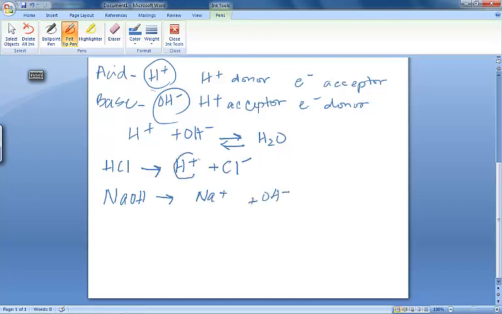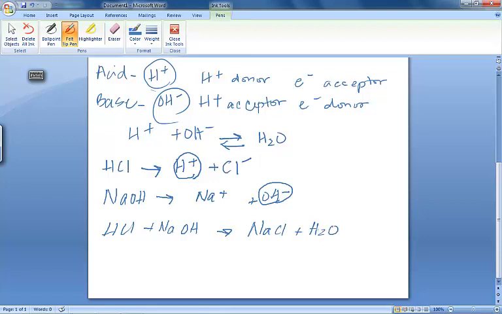Notice how we have an H+ coming from the acid and an OH- coming from the base, because every acid-base neutralization basically forms a salt and water.